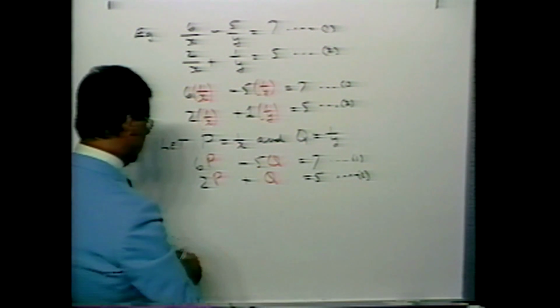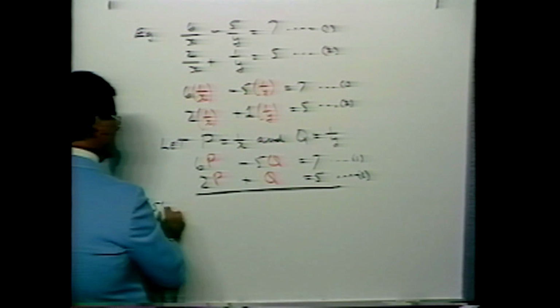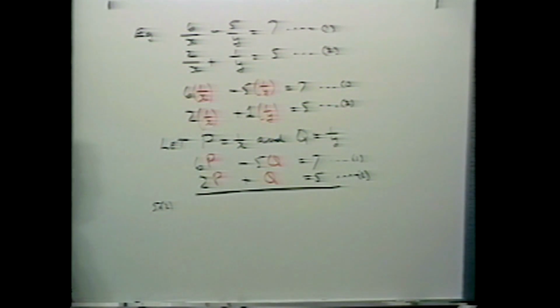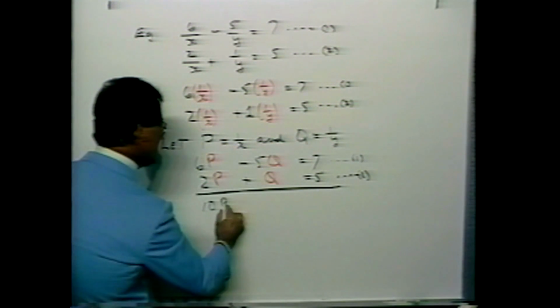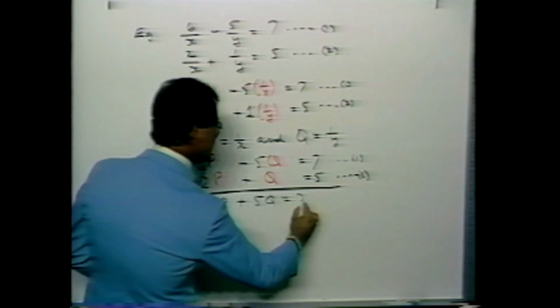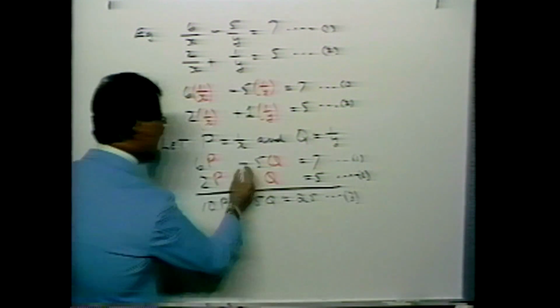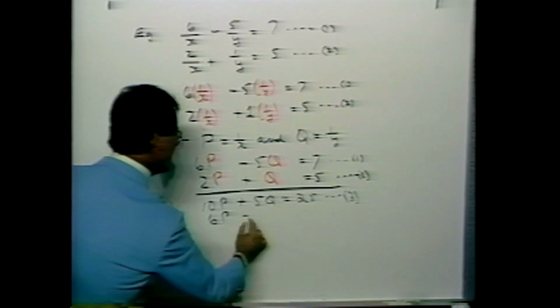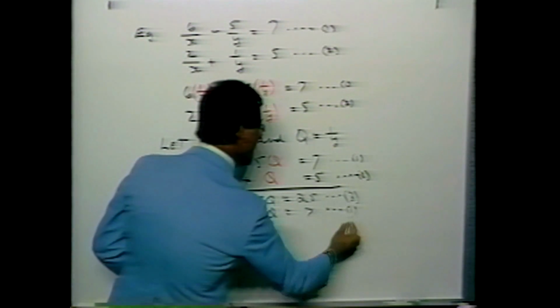If I multiply equation 2 by 5 using the method of elimination, I will get 10p plus 5q equals 25 for equation 3, and 6p minus 5q equals 7 is equation 1.